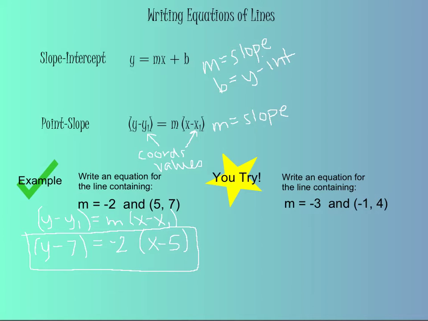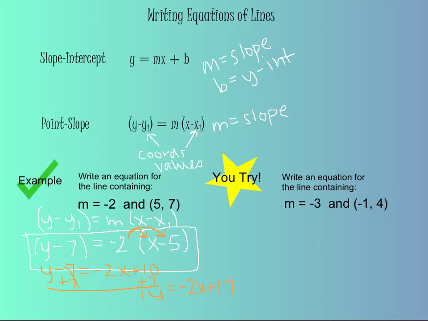Now, if they said specifically, we need you to answer this in slope-intercept form, then you could easily do that simply by distributing your negative 2. So y minus 7 equals negative 2x plus 10, and then moving your 7 over to the other side. This gives you y equals negative 2x plus 17.